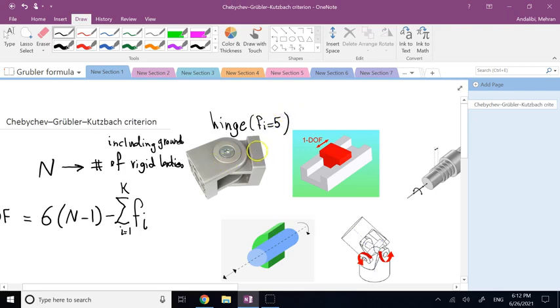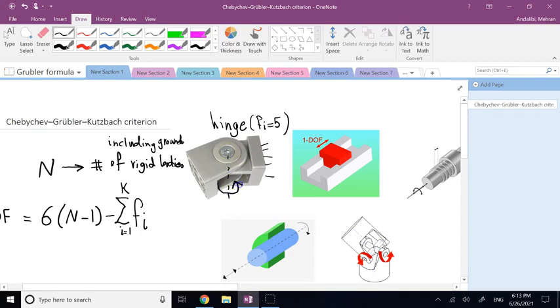Why? Because if you fix one of them, the other one that is pivoted, let's say this link here is attached to the ground, and this one can rotate about the pivot, all it can do is one single rotation, and that rotation is definitely about this axis. That's all it can do. So it can only rotate. Let me show it this way maybe.